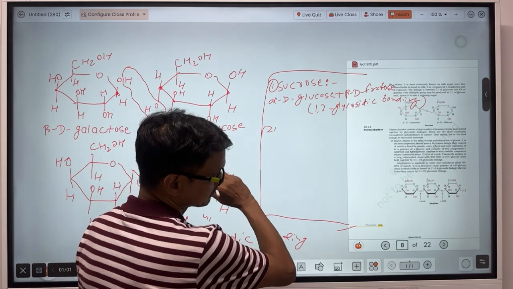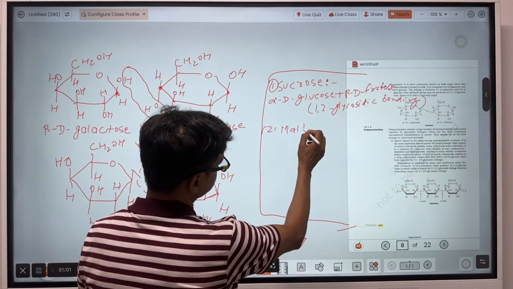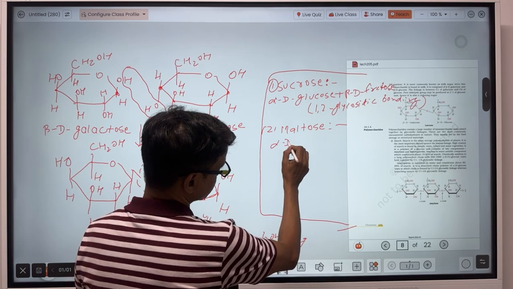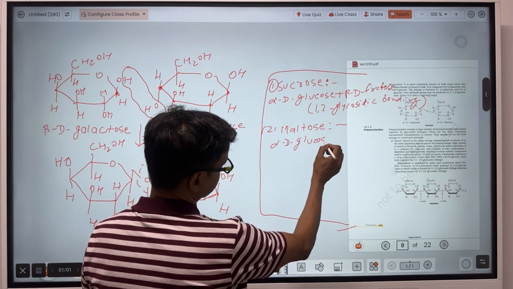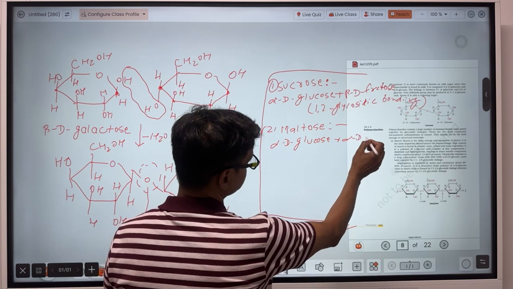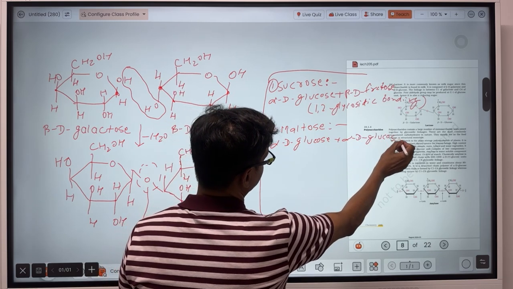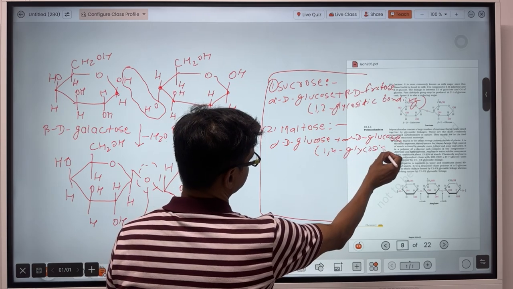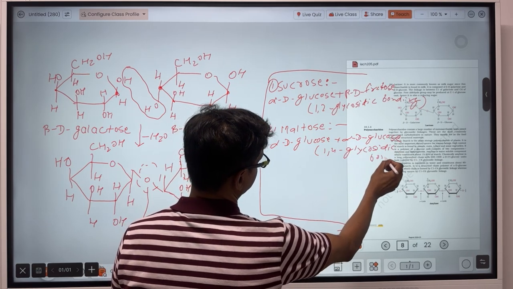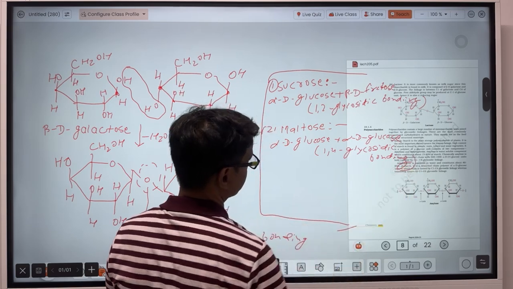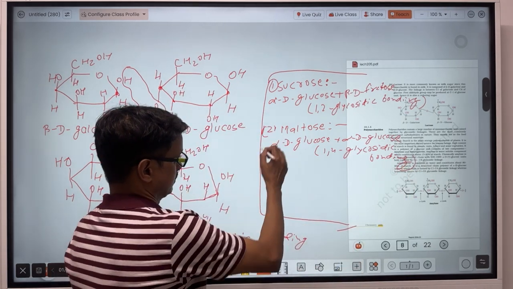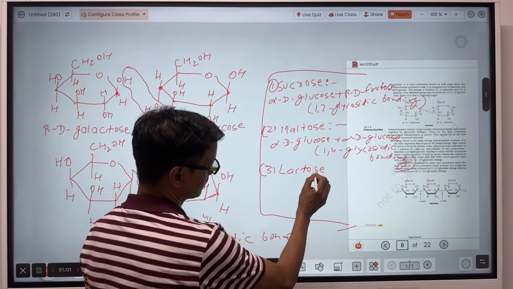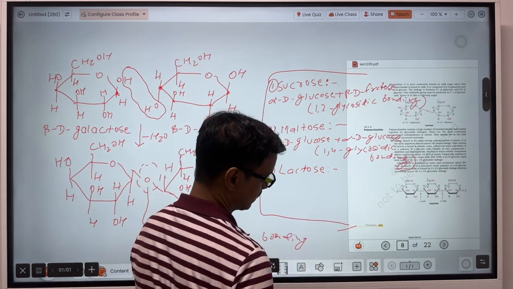Second one is maltose. In maltose, it is alpha D-glucose and also alpha D-glucose, and the bonding is 1,4 glycosidic bonding. Lactose, what is it here?